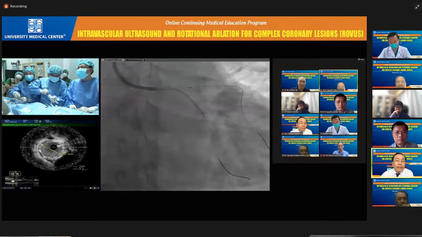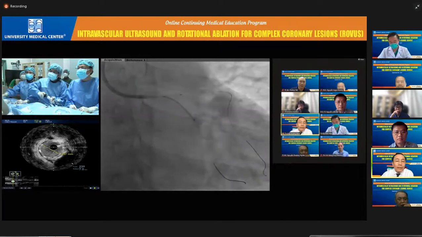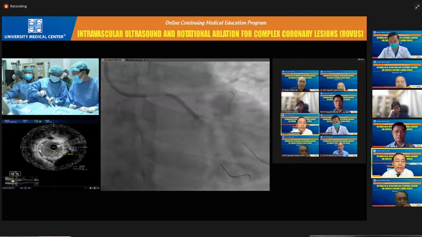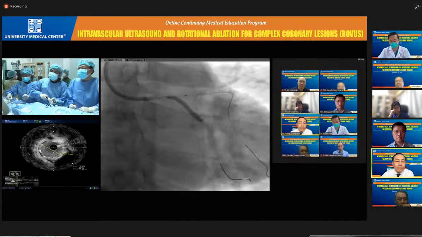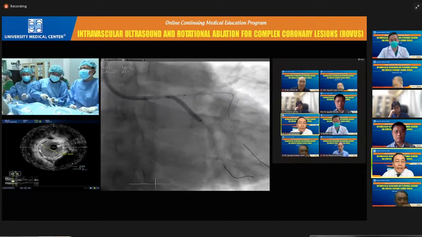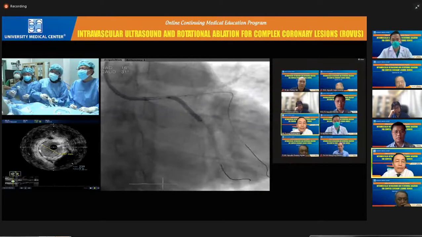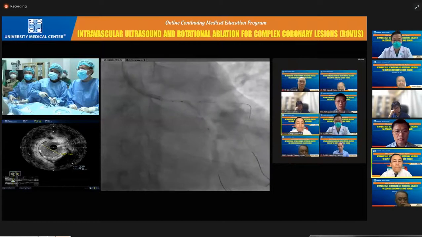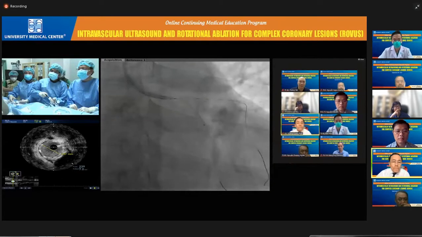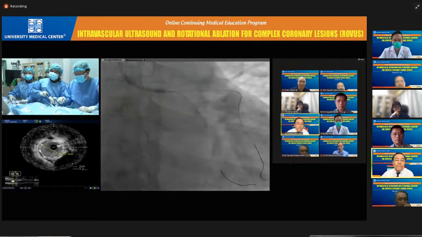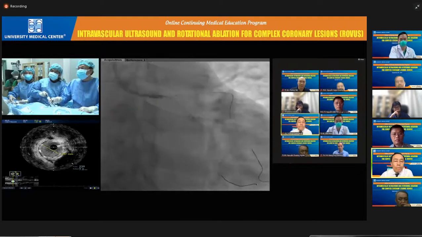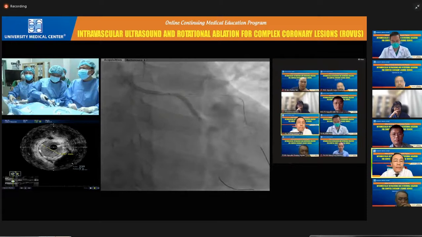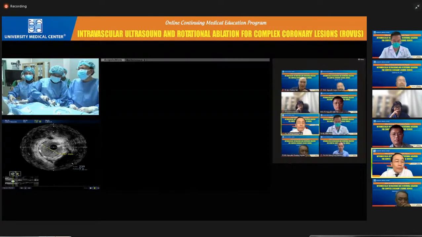So this is the first stent for the circumflex. We have some overlap between the first stent and the second stent. Why do you do this? Remove a little bit. 16, 18.